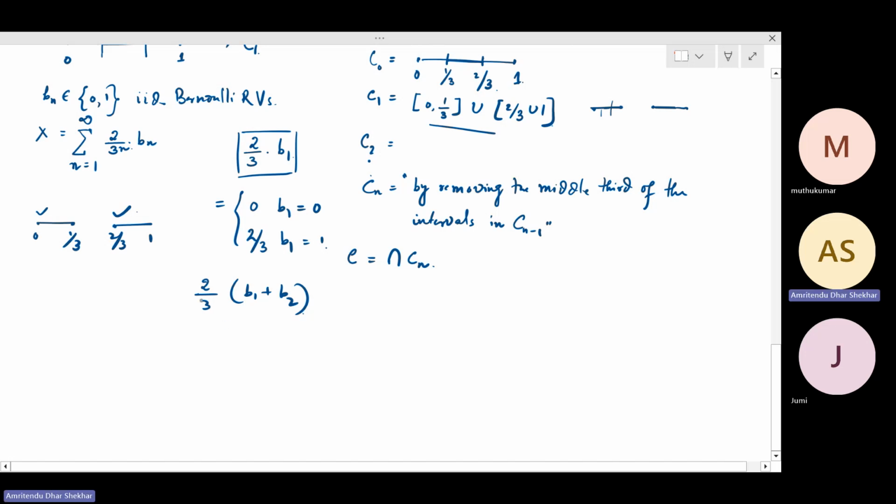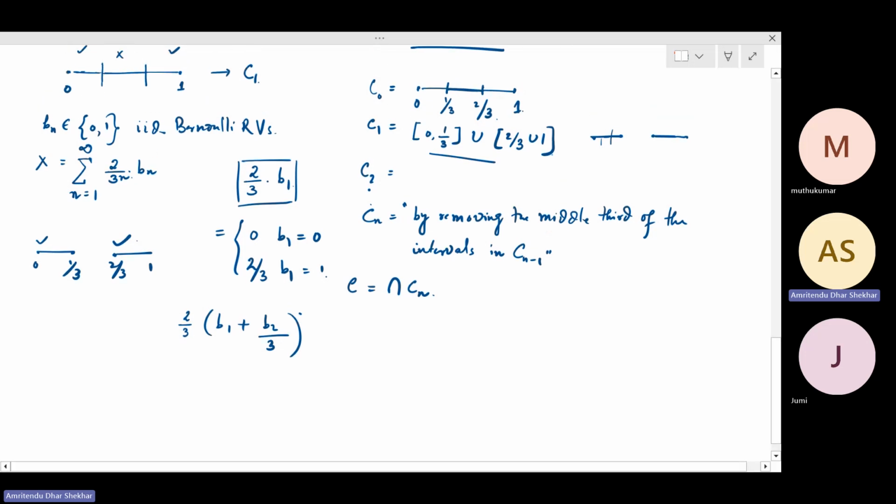So when you consider 2/3 of B1 plus B2/3, that is like the second decimal place. Likewise, essentially all numbers in the Cantor set can be expressed in this way.